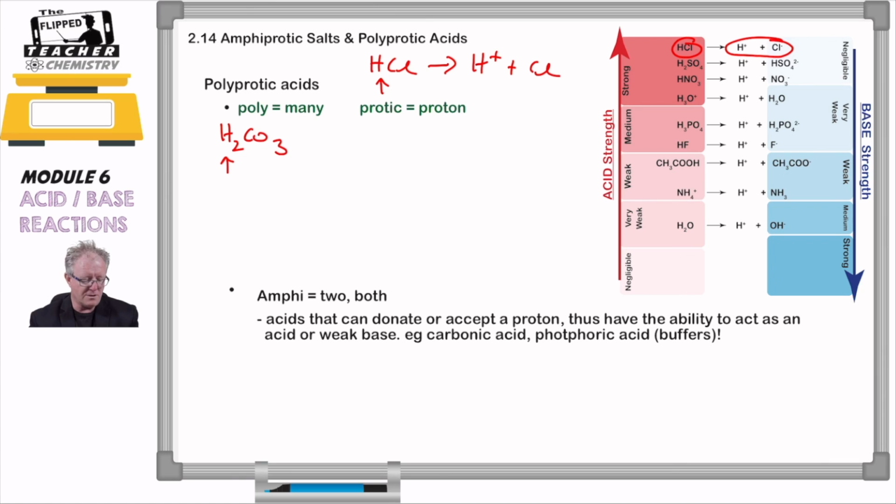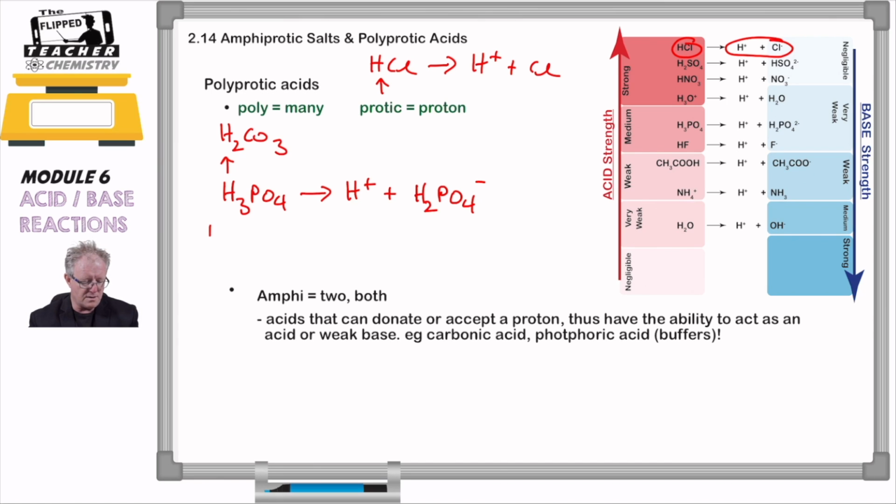If I was to give you phosphoric acid, however, that one does a lot more of this polyprotic ability. It can lose the first hydrogen. I'm just going to write it in a simple form. It can lose the first hydrogen to form this compound here, the dihydrogen phosphate ion.